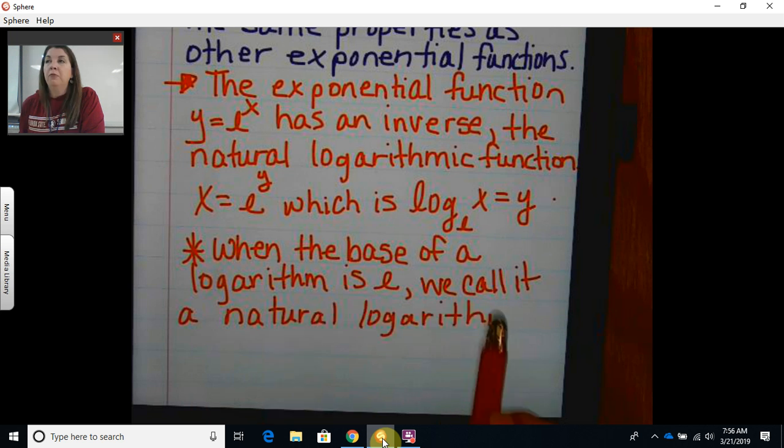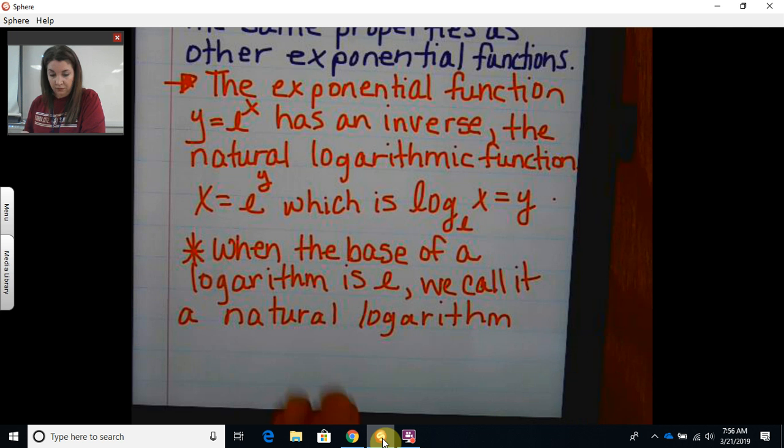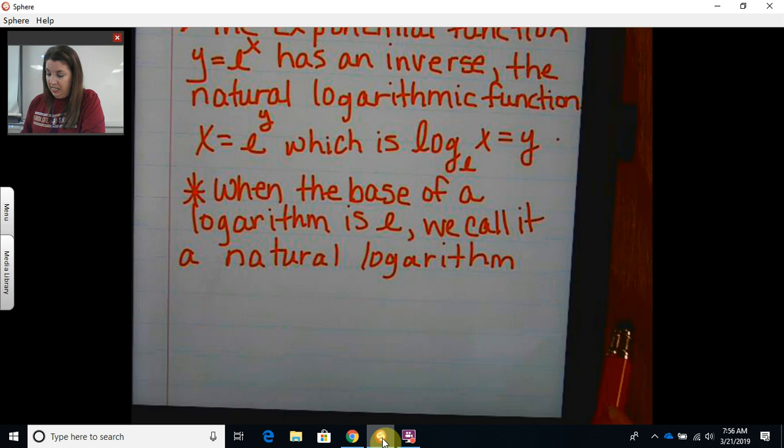Do y'all remember the other day when you had a base of 10, we called it something special? What was it called? Common logarithm, right? So if you have a base of 10, it has a special name, common logarithm. If you have a base of e, it has a special name, natural logarithm. Okay, everything else, just a regular old logarithm. So when the base of a logarithm is e, we call it a natural logarithm.